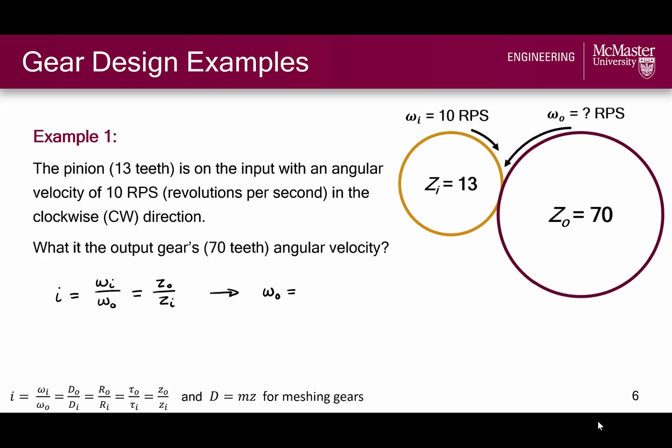Rearranging for omega out, we end up with omega out equals omega in times Z in over Z out. And if we plug in our given values, we get an output angular velocity of 1.85 RPS, or revolutions per second. Of course, we can't forget to mention the direction. Since this gear is meshed with the input rotating clockwise, the output must be rotating in the opposite direction, counterclockwise, so we will indicate that as well.